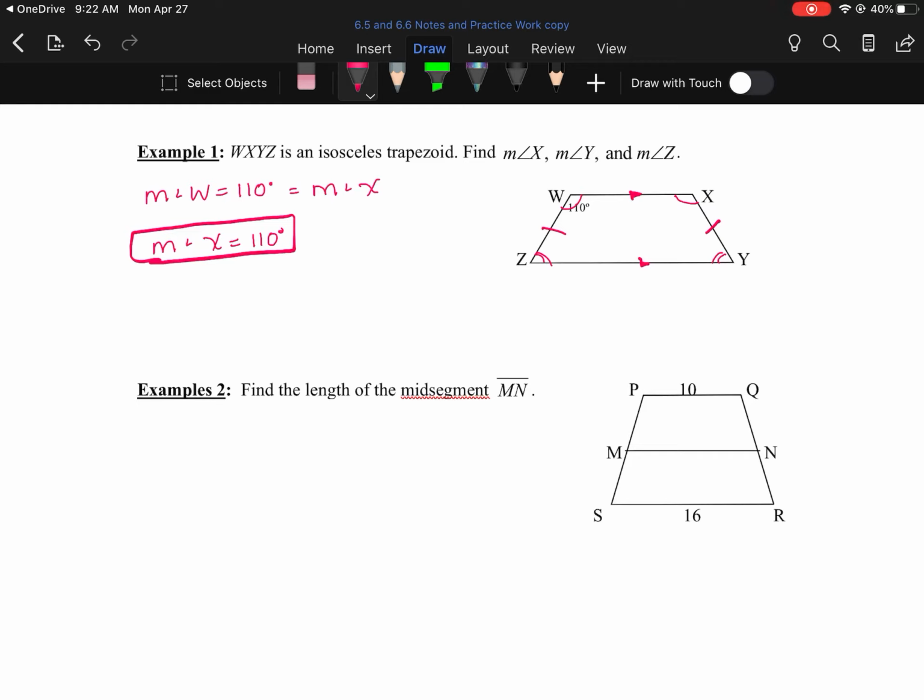Now, to get the other two, we have to think. All quadrilaterals add up to 360. There's a couple ways we can think about it. If they add up to 360, I could take 360 minus 110, take that answer and divide it by 2. The other way to think about it is since these two lines are parallel, that's the transversal.